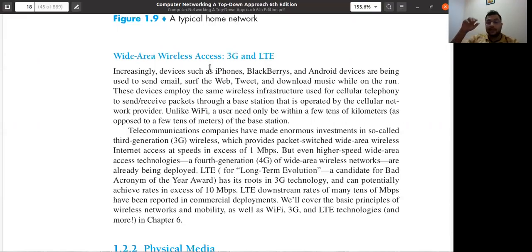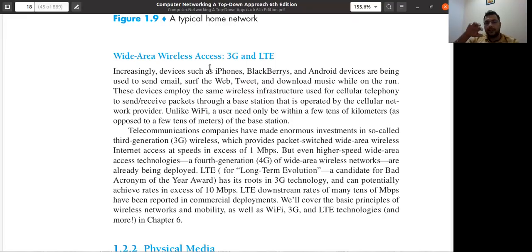There are different cellular technologies. Initially cellular technologies were only for voice communication, so 1G. If you focus on 1G, you will see that it was solely for voice transmission. Then they added data along with voice, then comes 2G, then 3G.